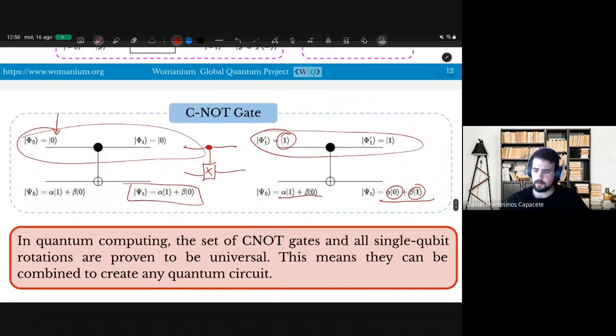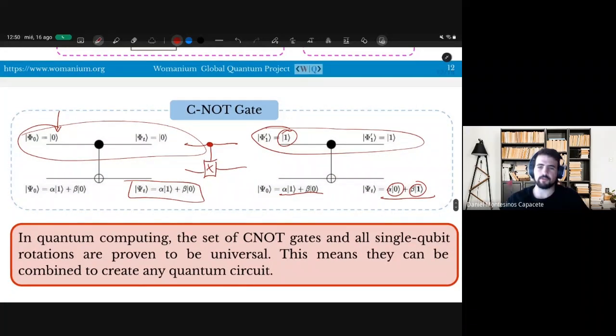An important result for quantum computing is that if you take the CNOT gate and also all single qubit operations, you can prove, and this is complicated to prove, that you can make any quantum circuit out of these gates, right?